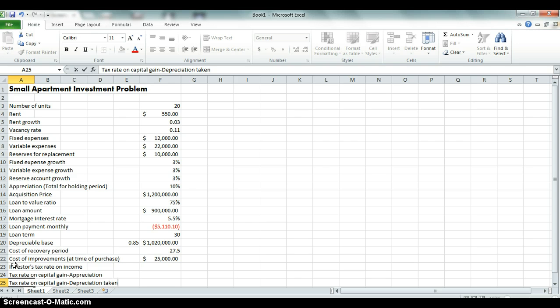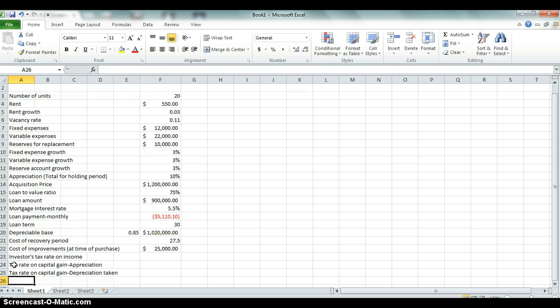The investor's required rate of return. Okay, all of these are percentages.